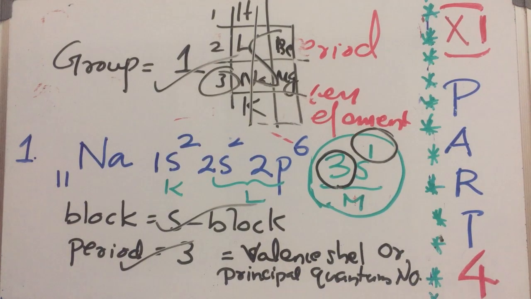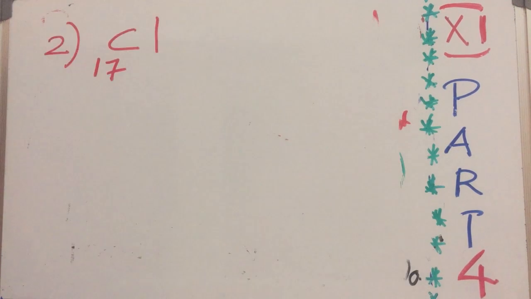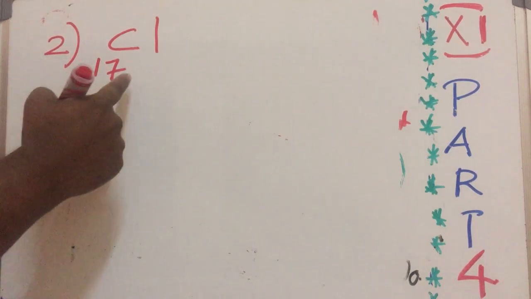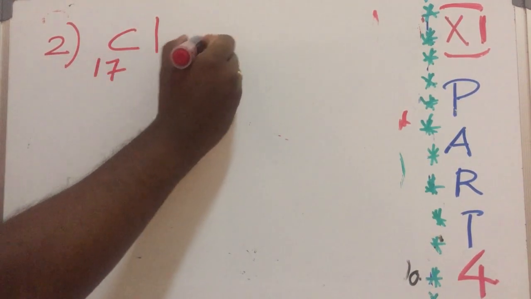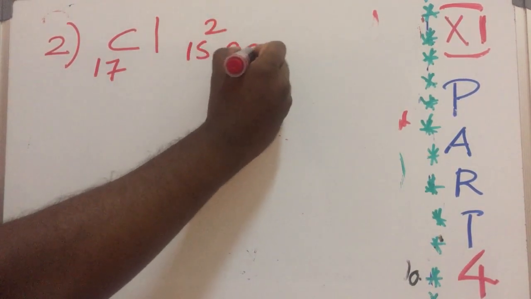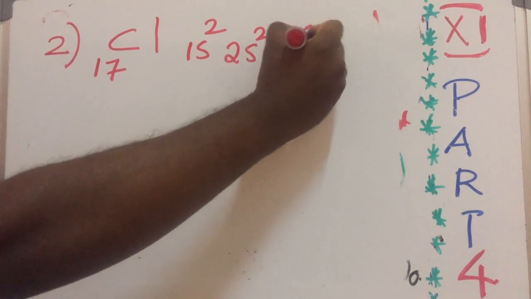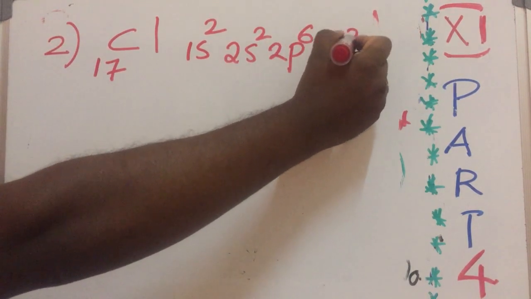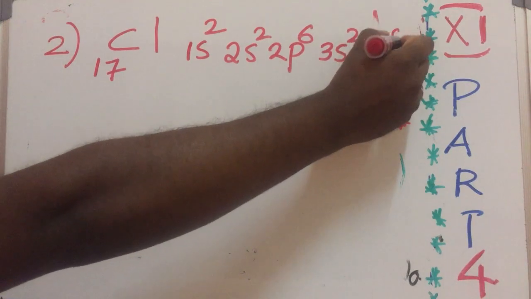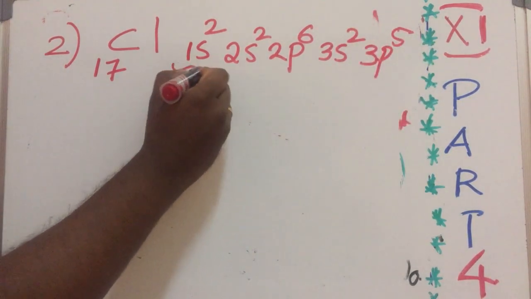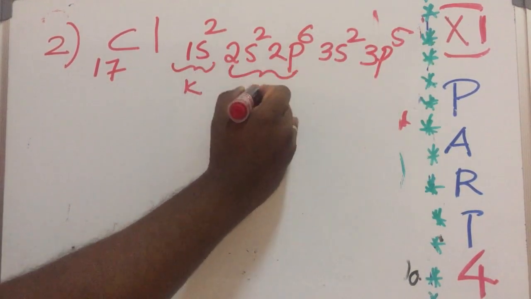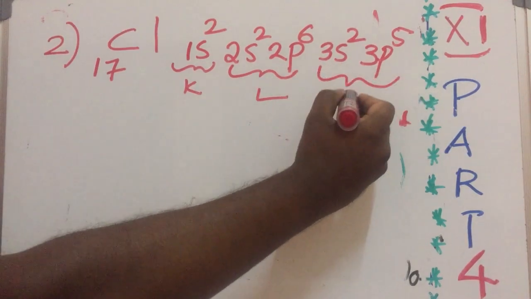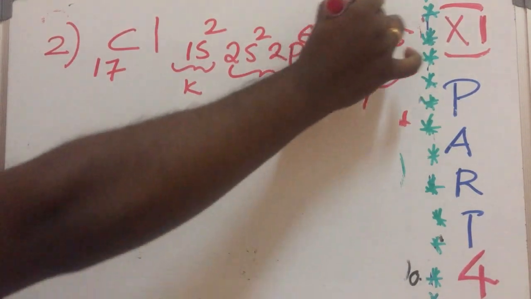Now we can try one element from P block. Chlorine, 17. What is the electronic configuration? 1s2, 2s2, 2p6, 3s2, 3p5. So K shell, L shell, then it's part of M shell. Which shell is important?